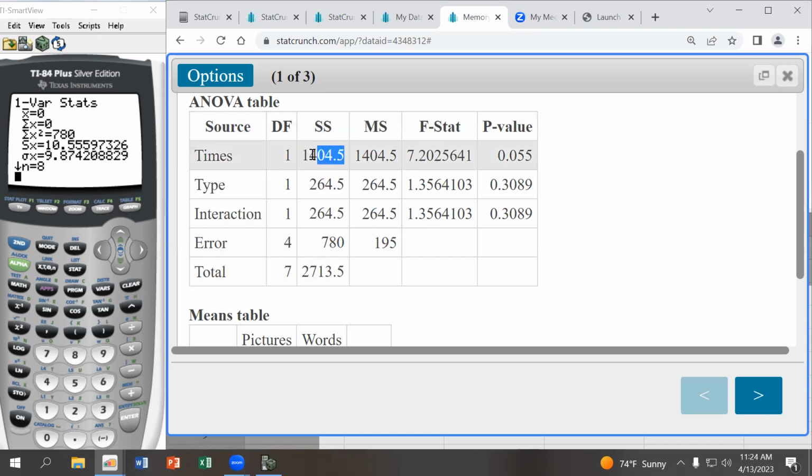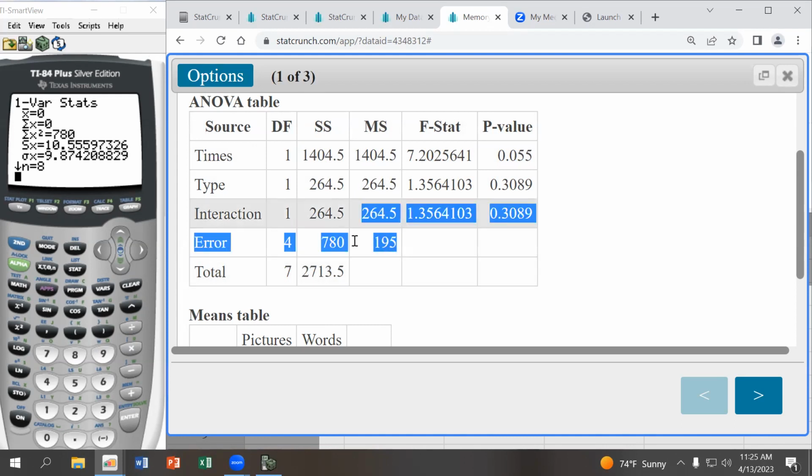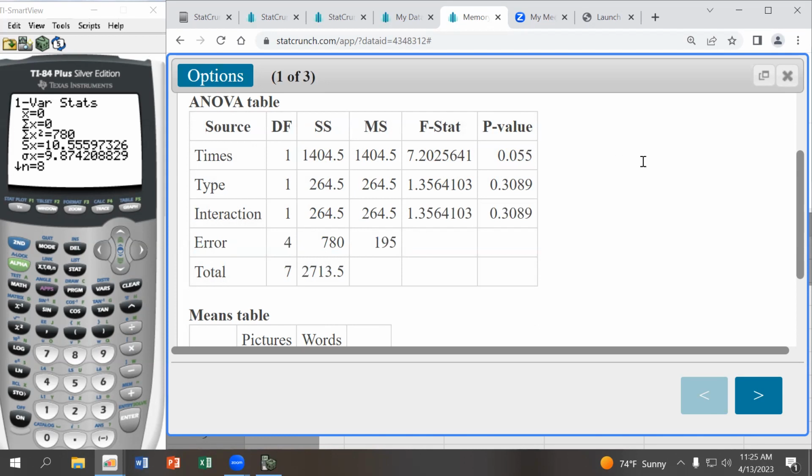Why? Sum of squares divided by DF will give the mean square. 264.5 over 1 will be the mean square. 264.5 over 1, that's fine. 780 over 4, 190. How did we find the F statistic in ANOVA?